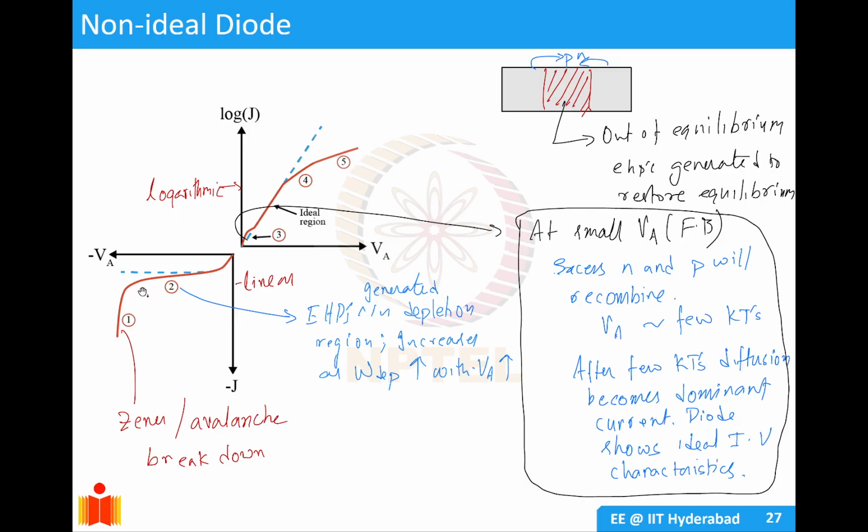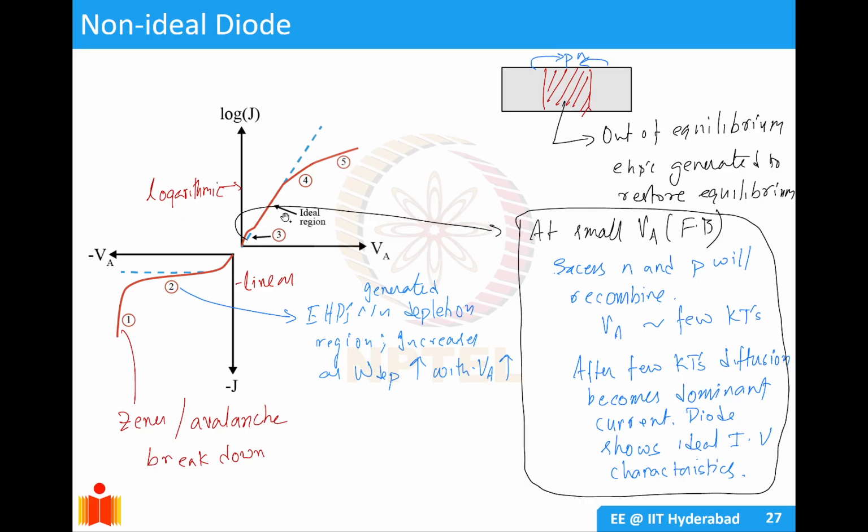For reverse bias, as you go more and more reverse, the depletion width is increasing, and due to that, the generation of electron hole pairs will also increase. So instead of a constant value, you will have some increase in the current till the breakdown, and at breakdown you will have an abruptly high current.